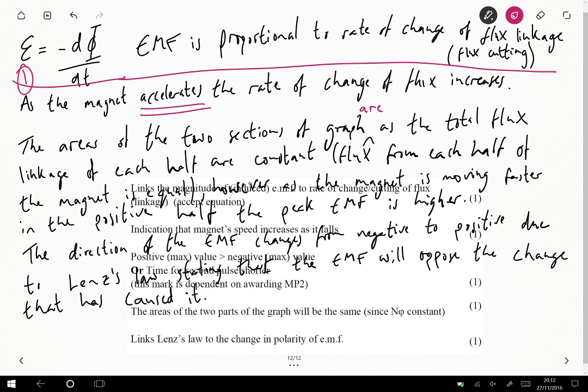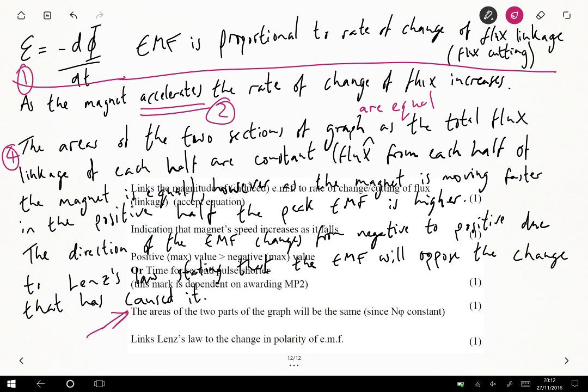Now, I actually do this fourth part here, this is mark number 4. This was number 2. The areas of the two sections of the graph are equal, as the total flux linkage of each half is constant.